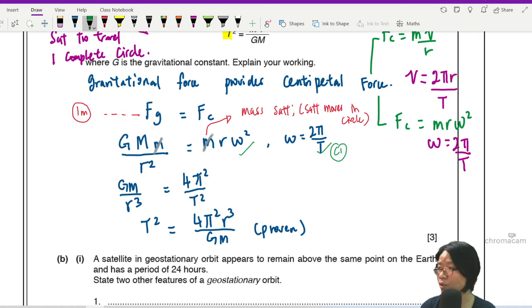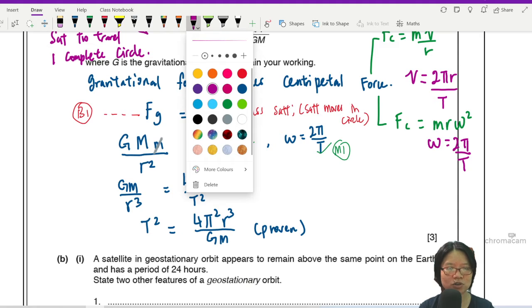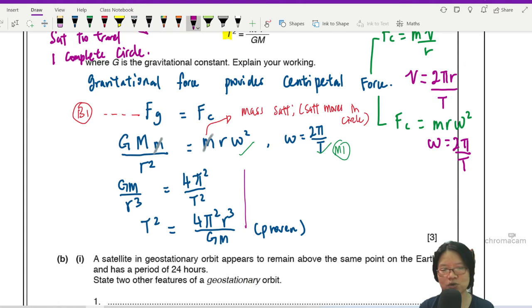So all these are C1. No, this is an M1 mark. Interesting. I'll explain a bit what M1 means after this. This is a B1 mark. And finally, algebra. Whatever you substitute, the working should work out to this part of the equation.